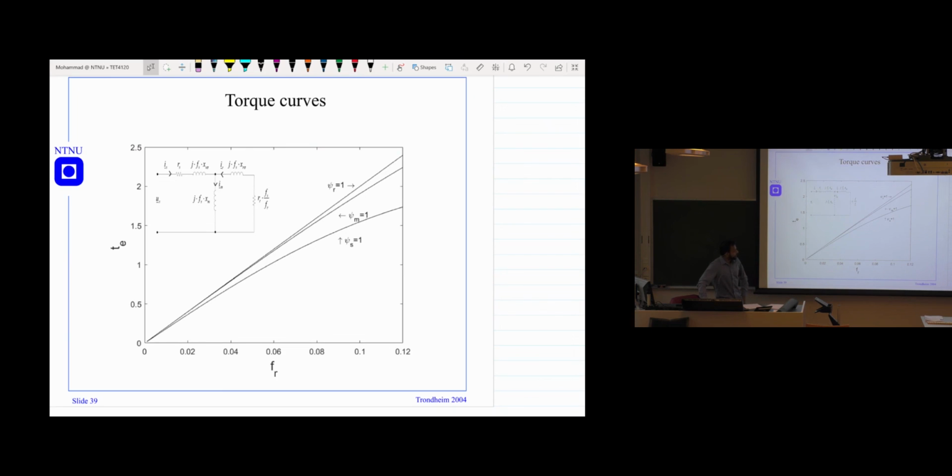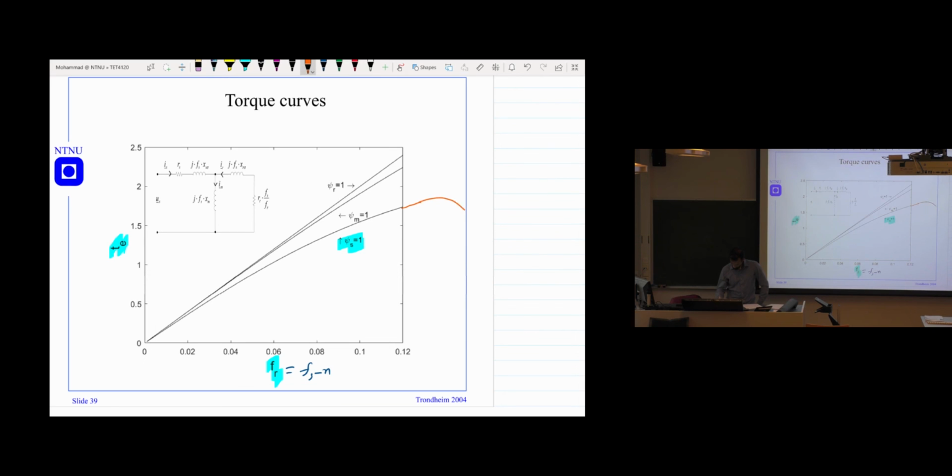So this is the torque characteristics that I'm talking about. On the y-axis, we have the torque, and on the x-axis, we have this Fr, which is Fs minus N. And what you see here, when you have the stator flux constant, it reaches a maximum somewhere here, and then it comes down like this.